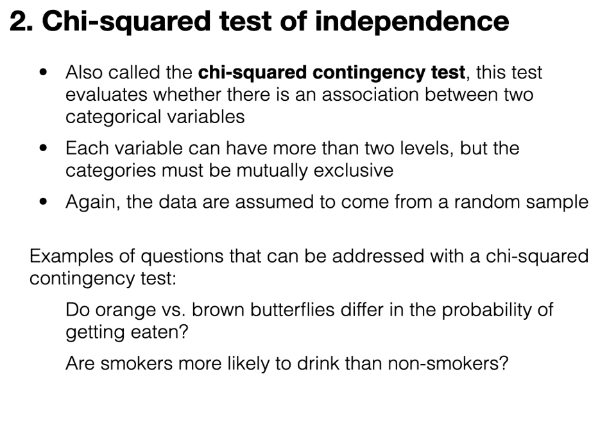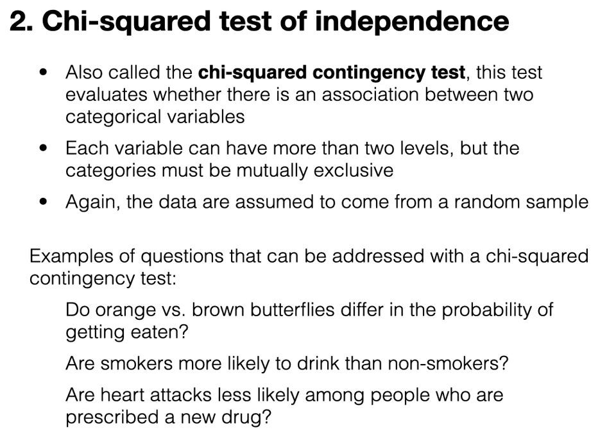Again, buried in this question we've got two categorical variables: whether or not a person smokes, and whether or not they drink. A third one is, are heart attacks less likely among people who are prescribed some newly invented drug? Again, we've got two variables: taking this drug or not, and having had a heart attack or not.